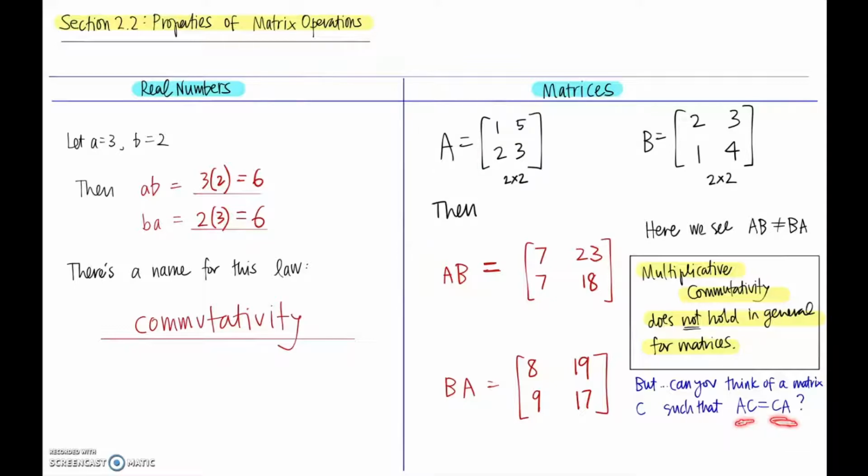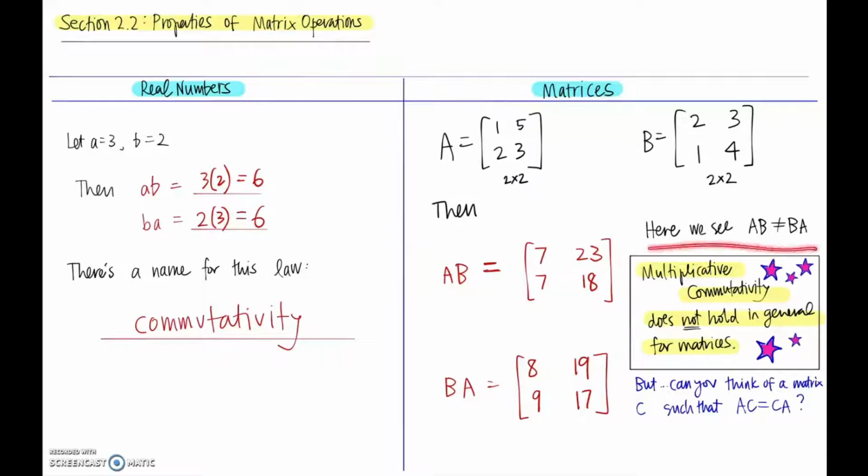I'm going to leave this as a question for the quiz and just tell you that there is one, and it's kind of a trivial one. We talked about it in the last section. There's a matrix that does commute with A and actually commutes with any matrix that it's allowed to multiply with. So we'll leave that as a question for the quiz.